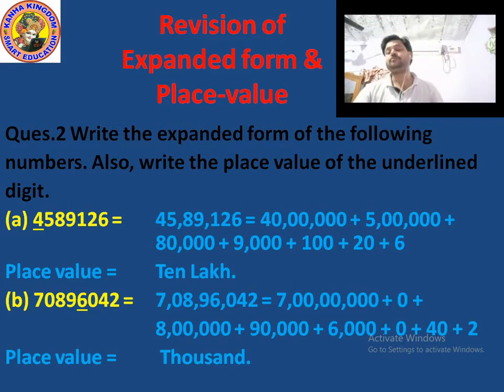Okay, so first, A part of this question. A part is 4589126. Once again I repeat the number, 4589126. So first what do you have to do?